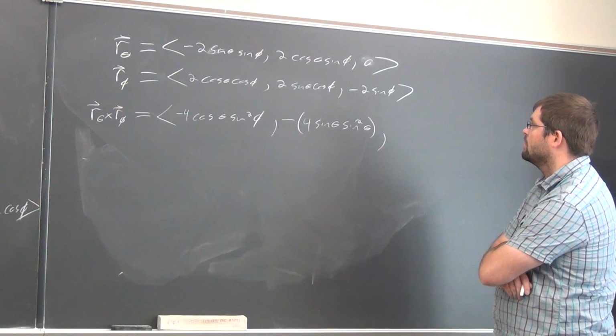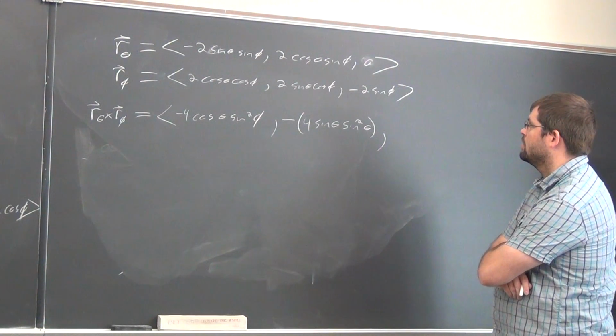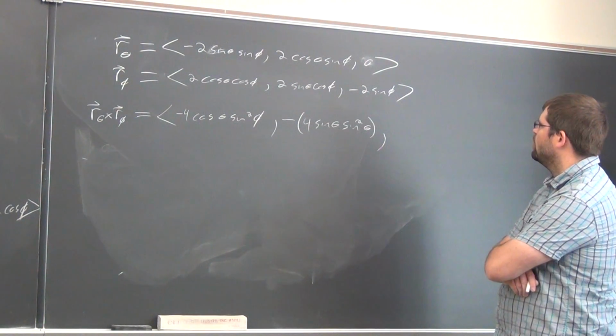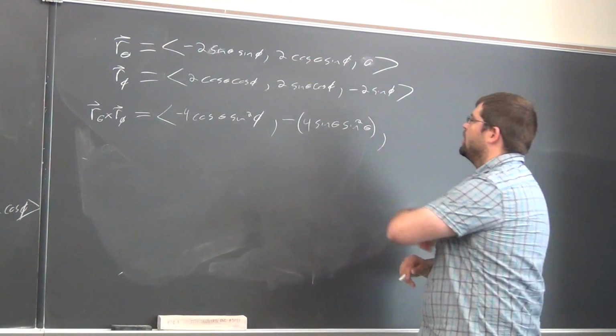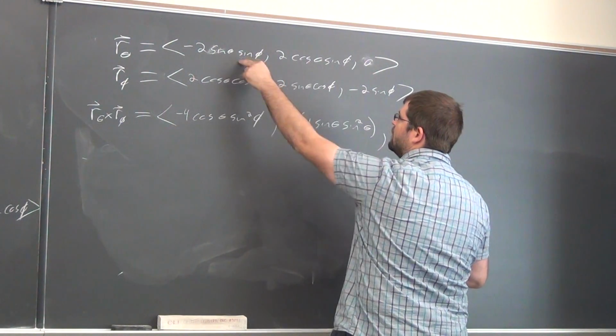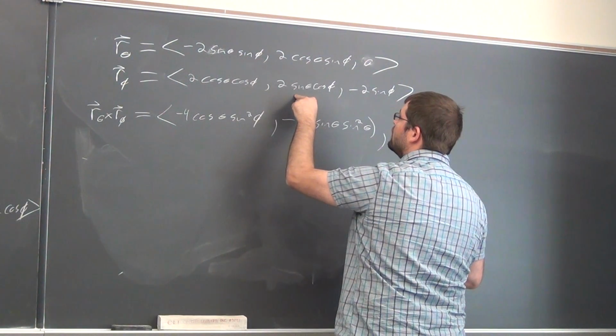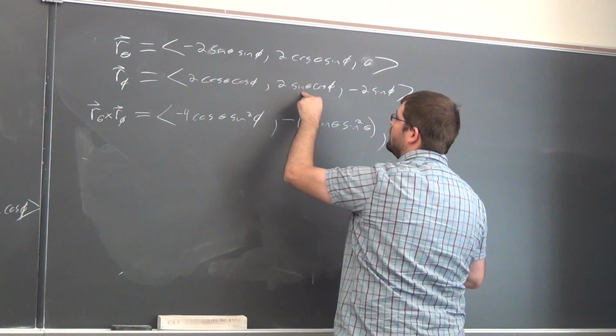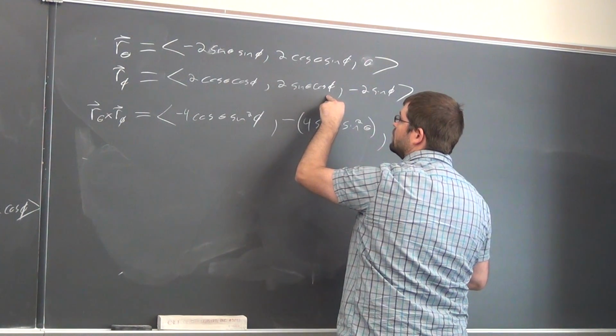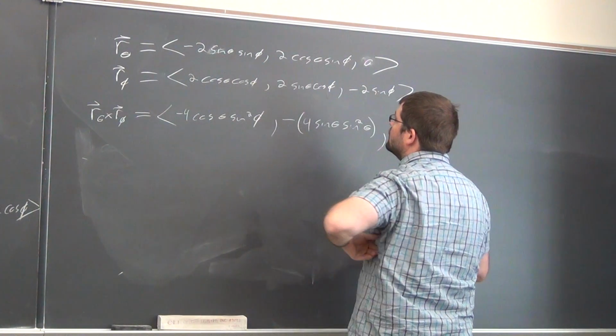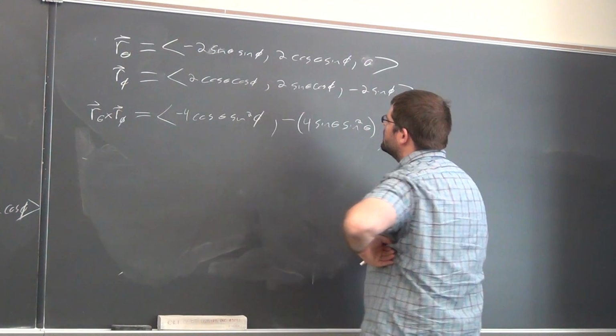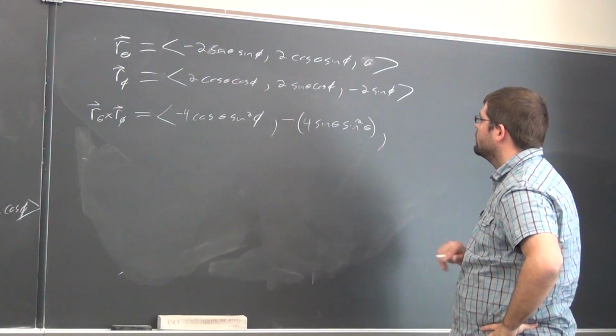Let's see. I think so. So how are you getting 0? So you get sine squared, yep, and sine cosine. Oh, sine is the same. So let's just write it out.